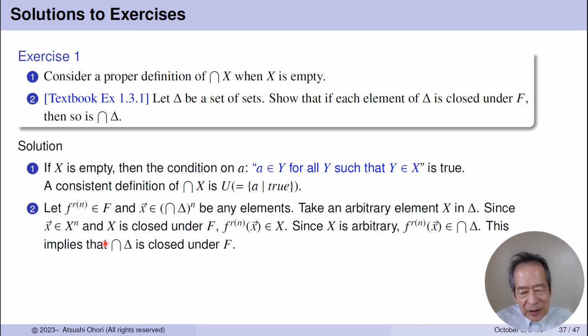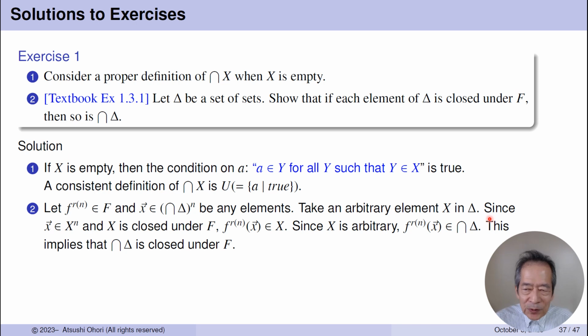Because this is the intersection, a sufficient condition is that this element belongs to any set in delta. So you take an arbitrary element X in delta, right?